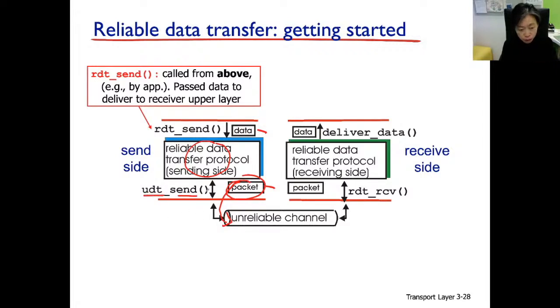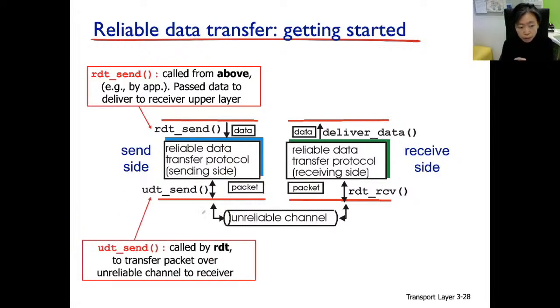The action of pushing the packets down to the unreliable channel is UDT send. UDT send here is called by the RDT protocol sending side to transfer packets over the unreliable channel. Then data is going to travel through the channel and come to the network layer.